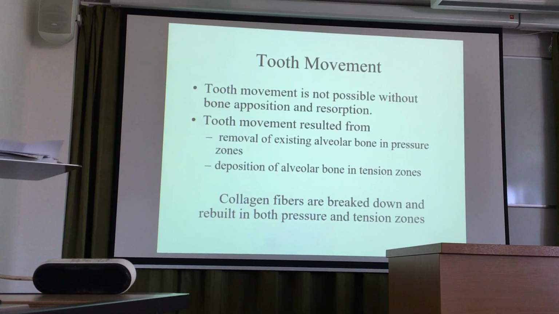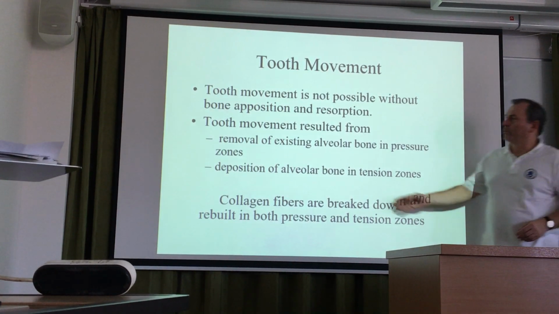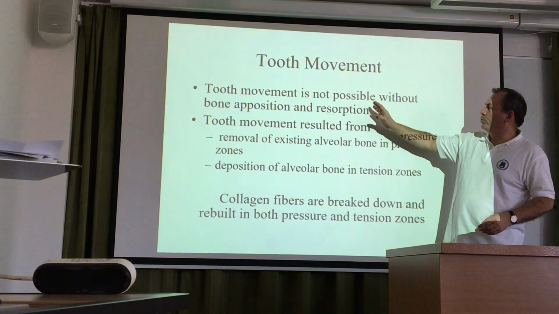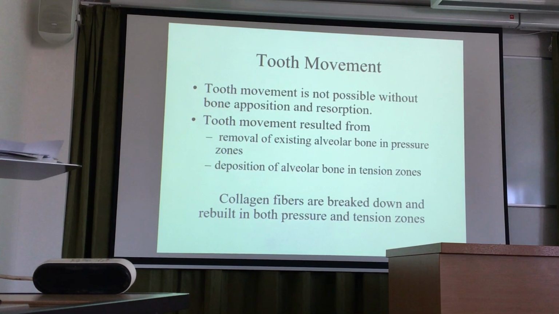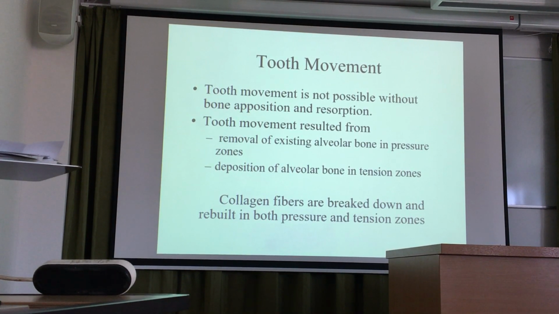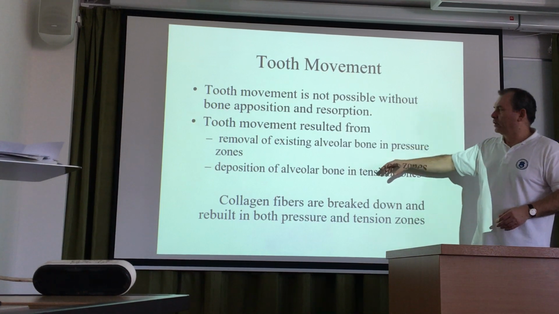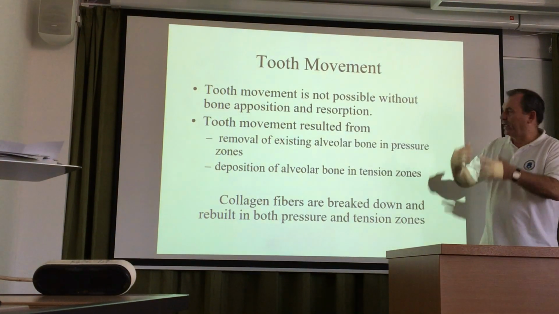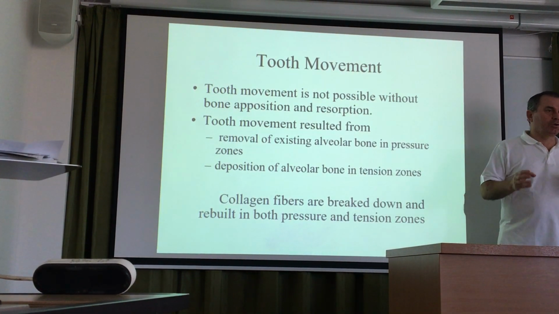So the basis of tooth movement: without bone apposition and bone resorption, no tooth movement is occurring. So bone apposition and bone resorption we need for continuous tooth movement. And of course, the tooth movement results from the removal of the existing alveolar bone in the pressure zone, the pressure side.